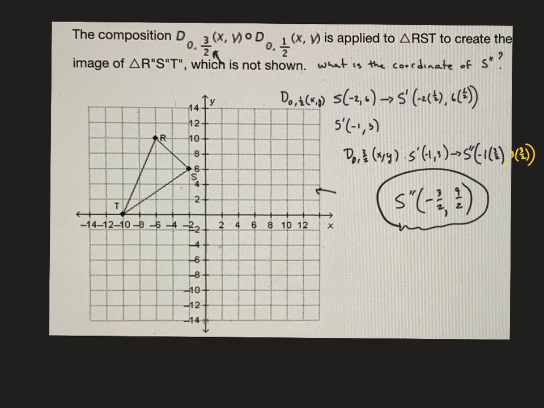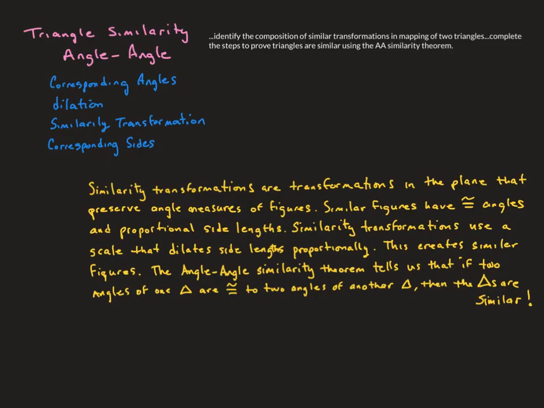Without actually putting it on the graph, I was able to do it mathematically to find those points. So just remember, similarity transformations are transformations in the plane that preserve angle measure of figures. Those similar figures have congruent angles and proportional side lengths. Similarity transformations use a scale that dilates side lengths proportionally, and this creates similar figures.